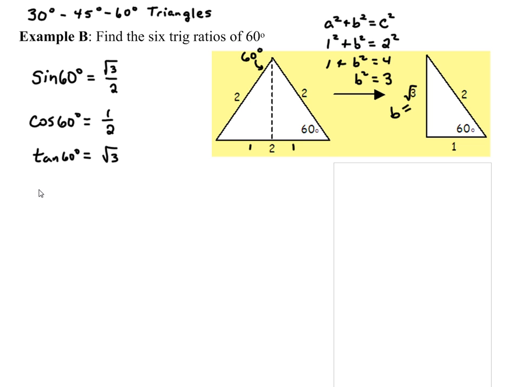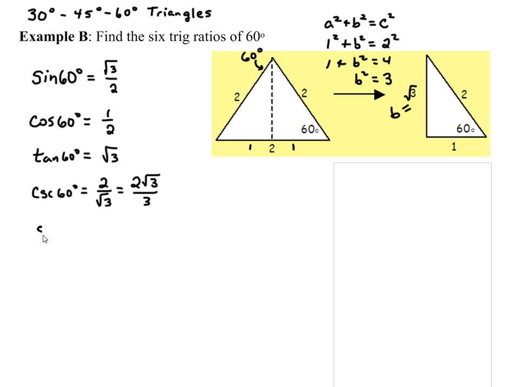Now our other three trigonometric functions are those reciprocals, so we could take our cosecant of 60 degrees to be 2 over the square root of 3 when we take the reciprocal, or if we rationalize the denominator, we would write 2 times the square root of 3 over 3.